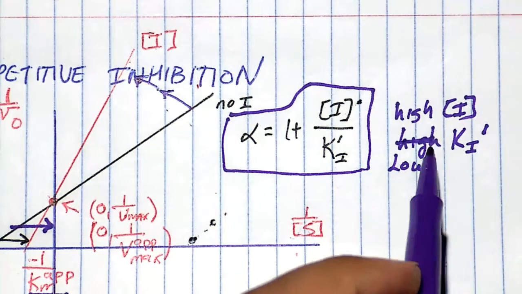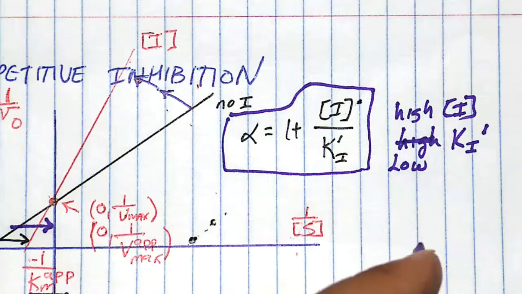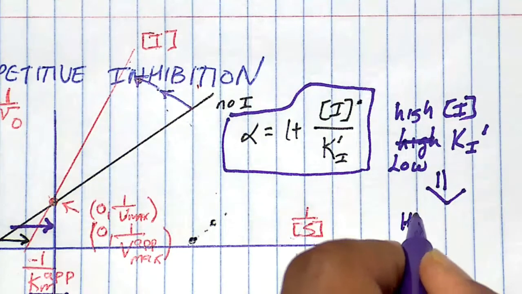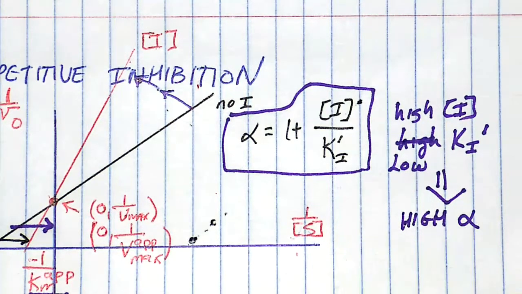Okay, so the high concentration of inhibitor, the low dissociation constant, all of that is a contributor towards high alpha and better inhibition.